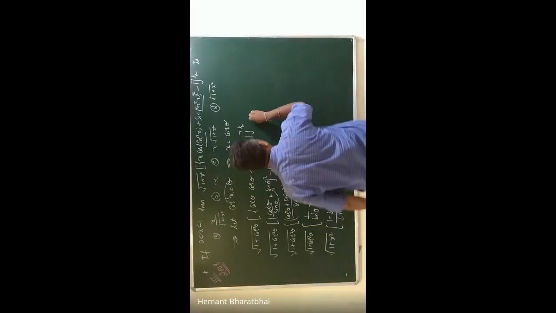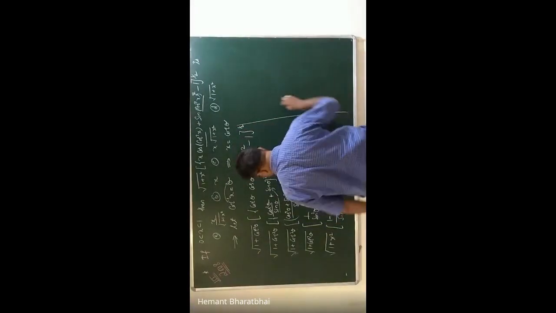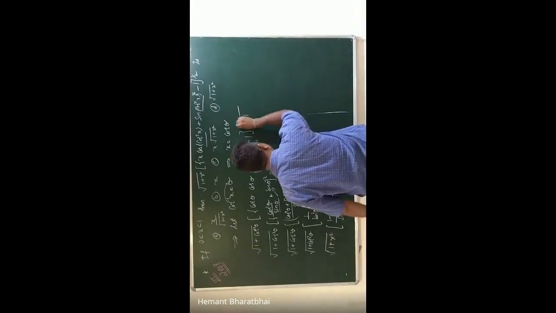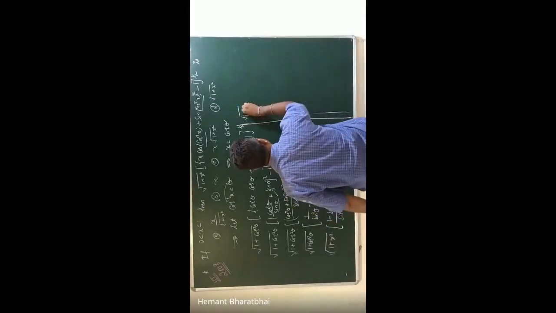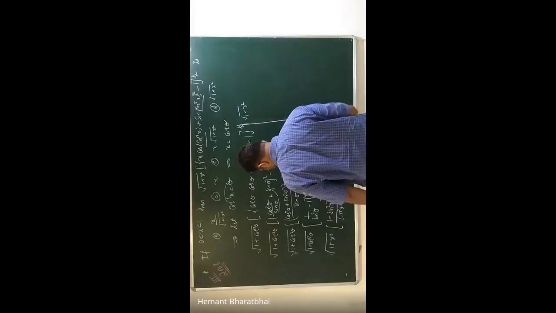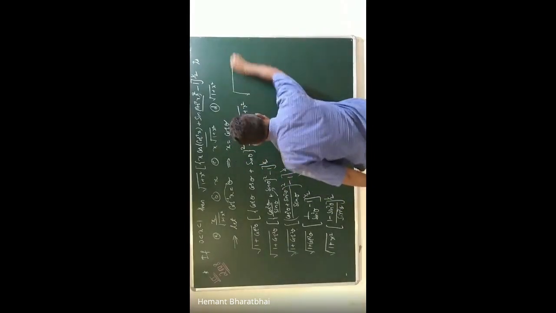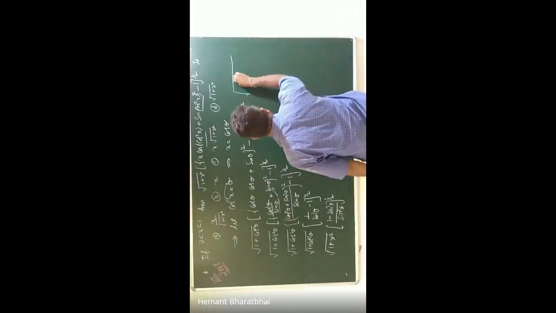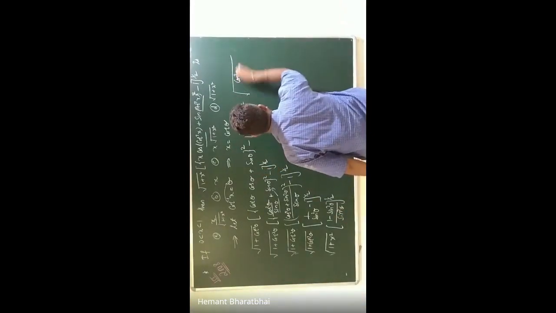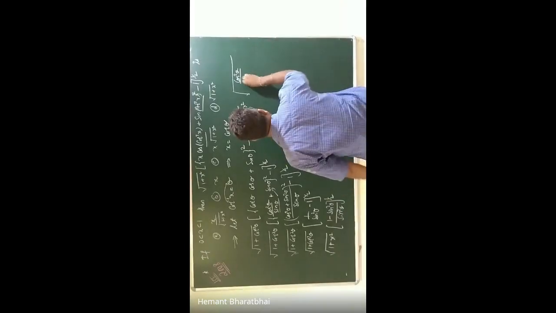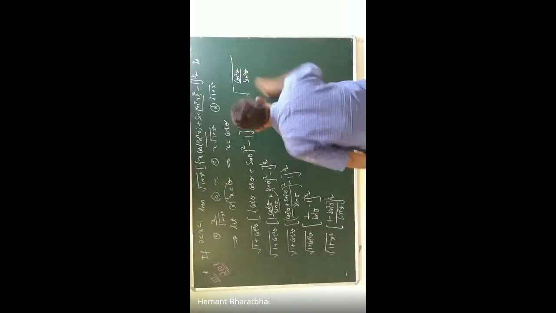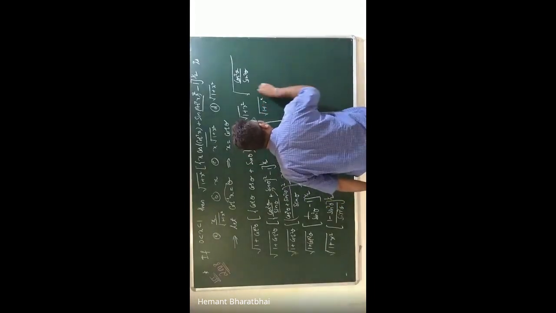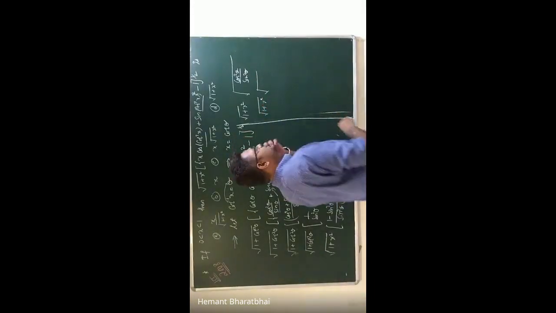So I'll get under root of 1 plus x square into, this raised to 1 by 2 can be written as square root, 1 minus sine square theta is cos square theta. So this will become cos square theta by sine square theta. So this will become under root of 1 plus x square into under root of cos square by sine square.